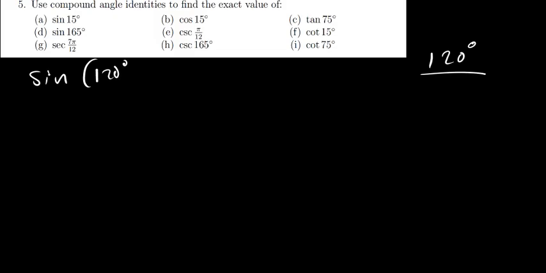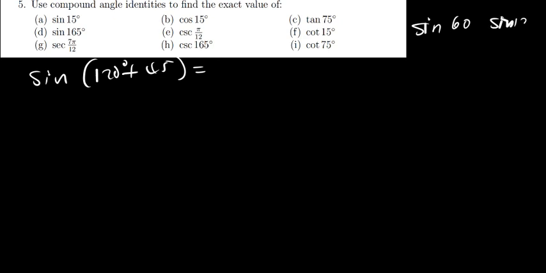I'm going to use sine 120 degrees plus, I need to add what? Another one has to be the special angle 45, so it's going to be 165. I should take note that sine 60 and sine 120 are the same.